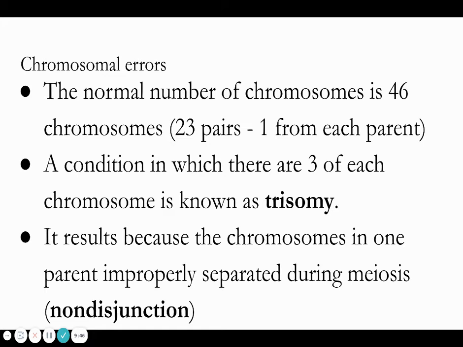So if the cell with 24 chromosomes gets fertilized, let's just say the 24 chromosomes comes from mom. If it gets fertilized by a normal sperm with 23 chromosomes, that fertilized egg will now have 47 chromosomes instead of 46 chromosomes.